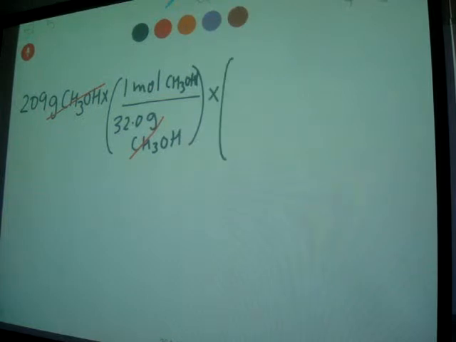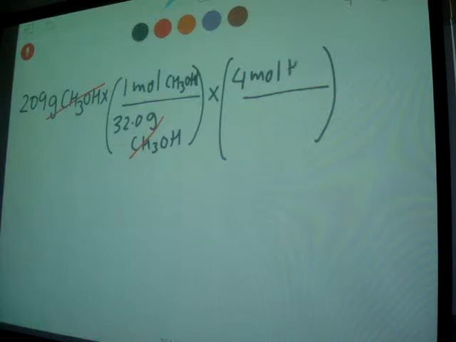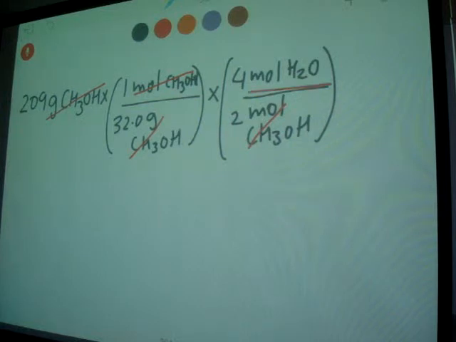Now we are using the desired mole ratio. We have 4 moles of H2O. Remember from the balanced equation that we use 2 moles of CH3OH. When you do that, moles of methanol cancel, and you convert into moles of water.